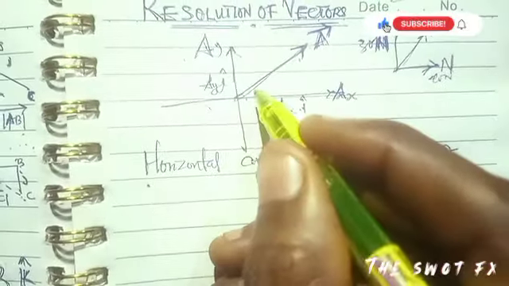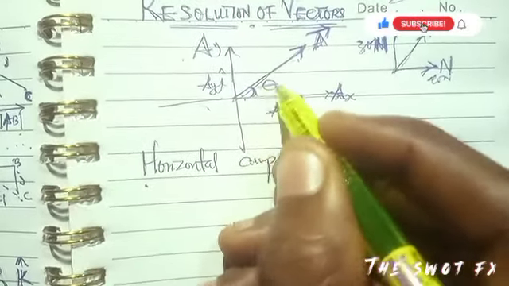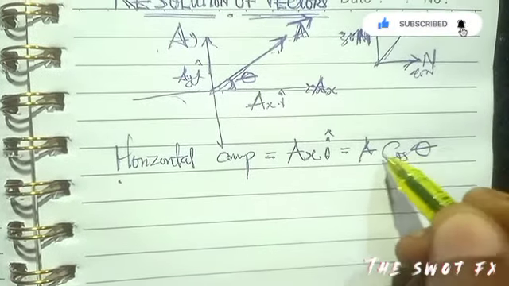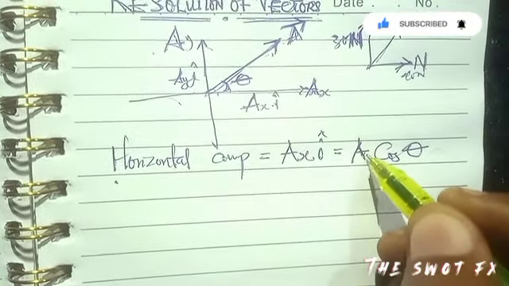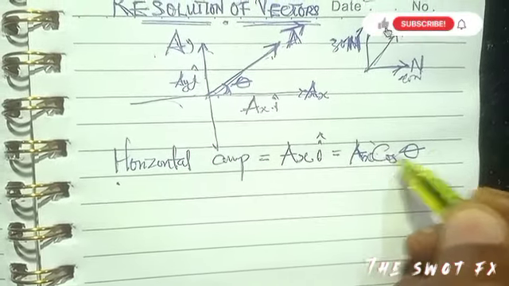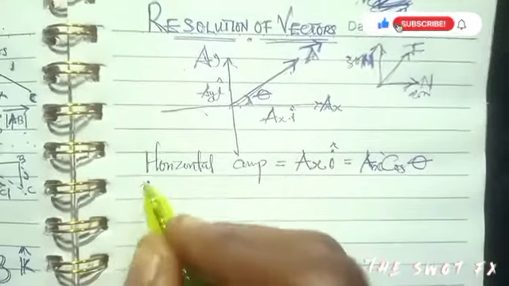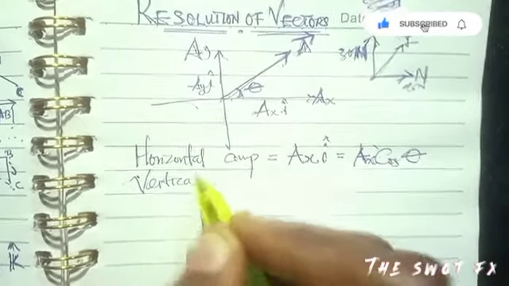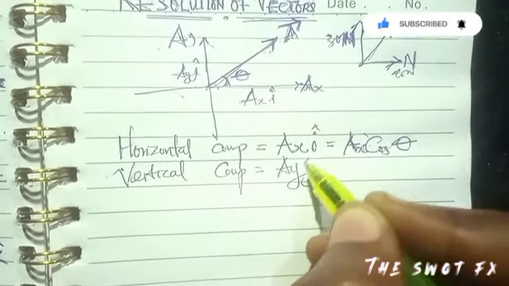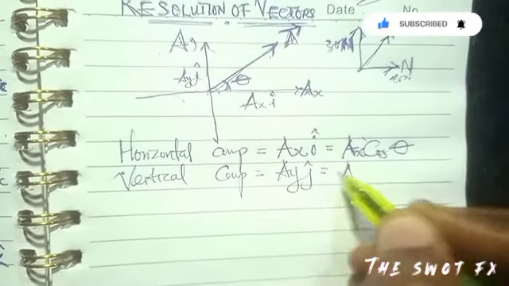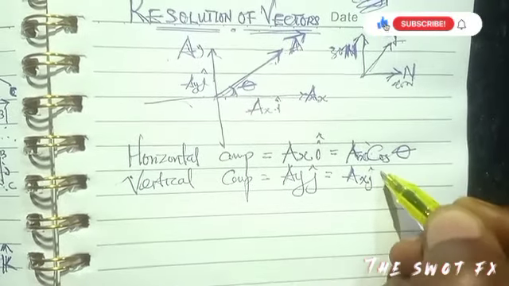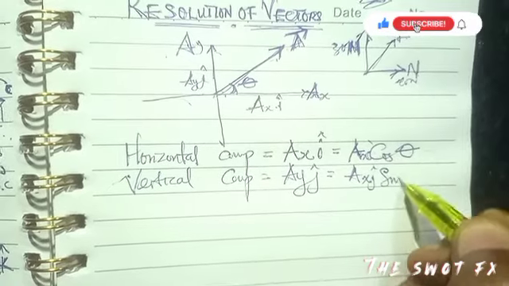I explained this when we were working on polar form and Euler form. So the horizontal component is x i, A cos theta. Then our vertical component is y j, which will be A sin theta.